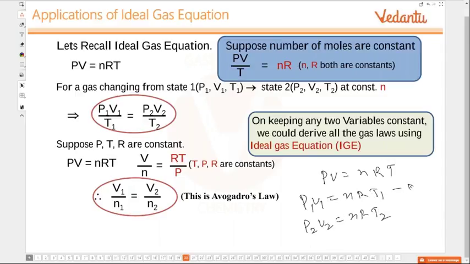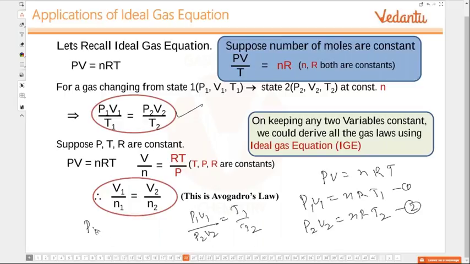Okay. Divide one by the other. This is equation 1, this is equation 2. When you divide, nR gets cancelled, isn't it? So you will get P1 V1 divided by P2 V2 is equal to T1 divided by T2. You need to arrange it.